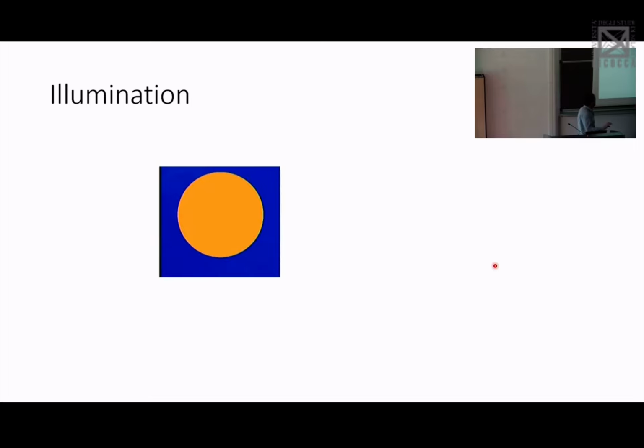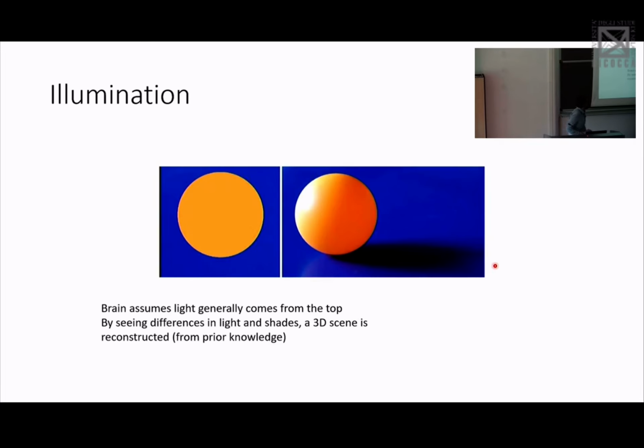The next thing, which is not really an issue in medical imaging but just to be complete, is illumination. It's basically the same thing. The first image is the drawing of a circle. If we just add a bit of light here and a bit of shade around here, our brain says, okay, this is a 3D image.